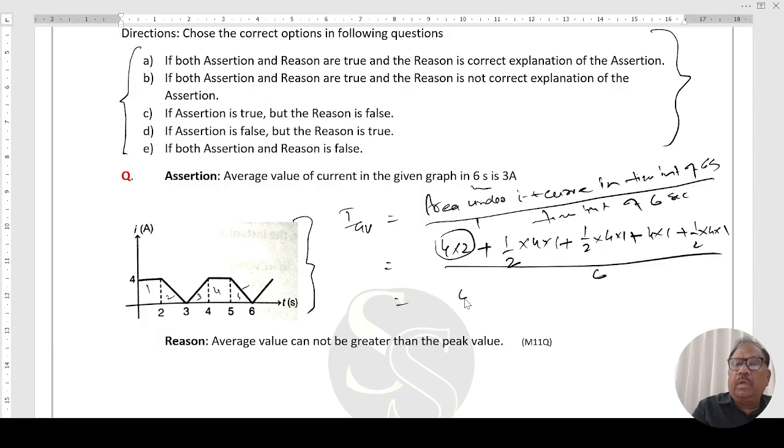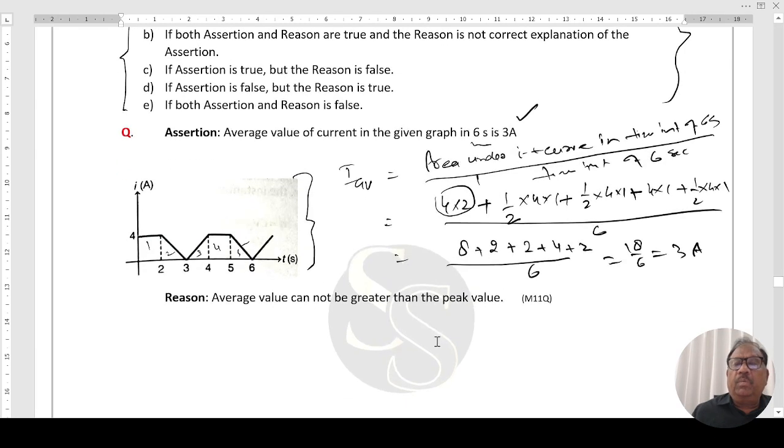This comes out to be 8 plus 2 plus 2 plus 4 plus 2 divided by 6. Thus 18 divided by 6, that is 3 ampere. Means this is the correct answer.